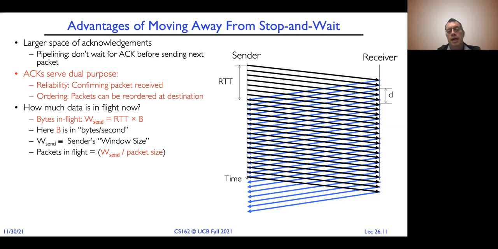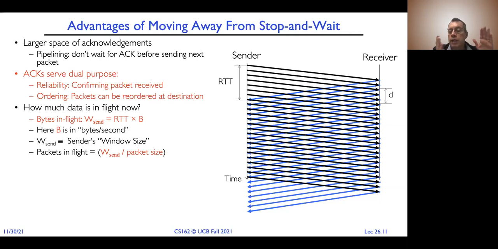So if the window size, let's think about it in terms of packets, then we think in terms of bytes. If the window size is 10 packets, this means that I can send 10 packets before I get back the acknowledgement for the first packet I sent. Okay.